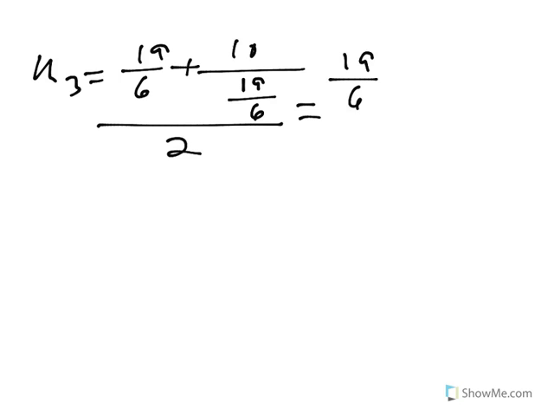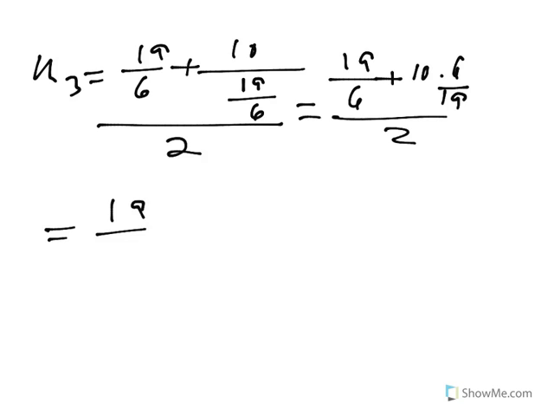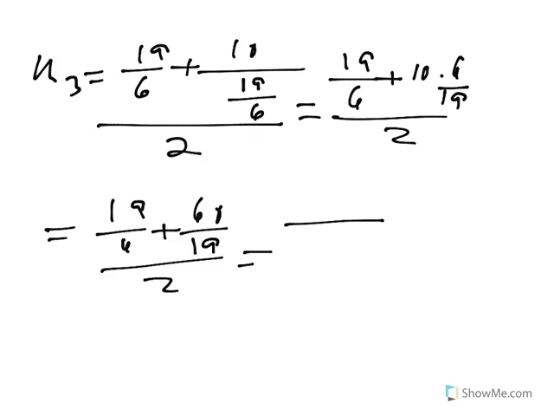10 over 19 over 6 is the same thing as 10 times 6 over 19, which gives (19 over 6 plus 60 over 19) over 2. The common denominator is going to be 19 times 6, which is 114.